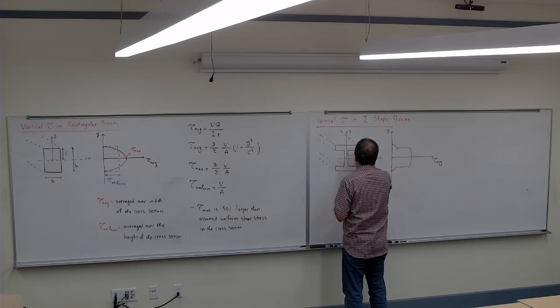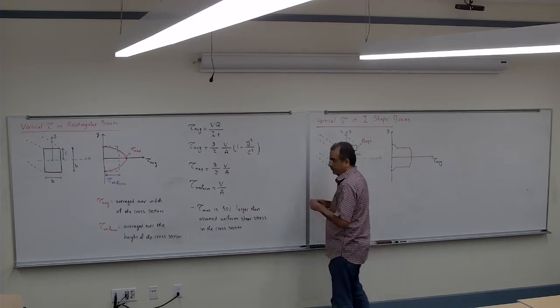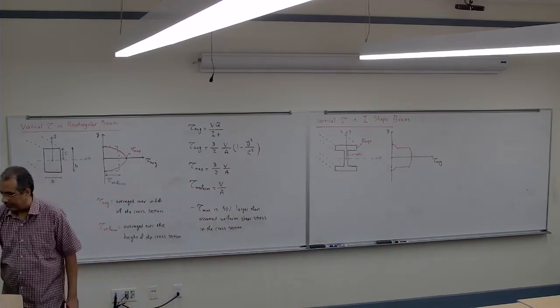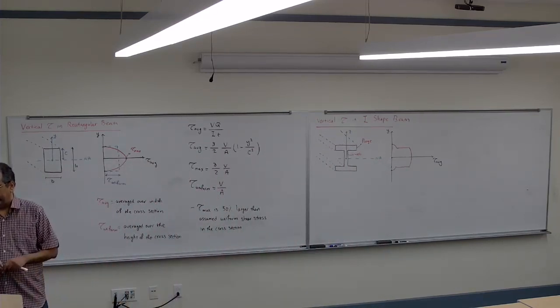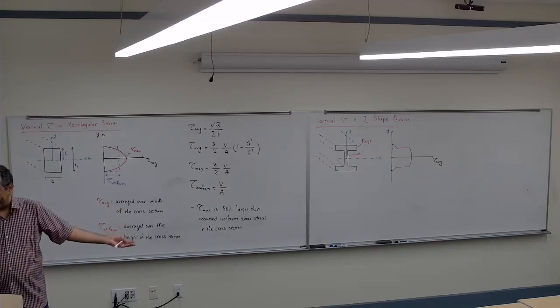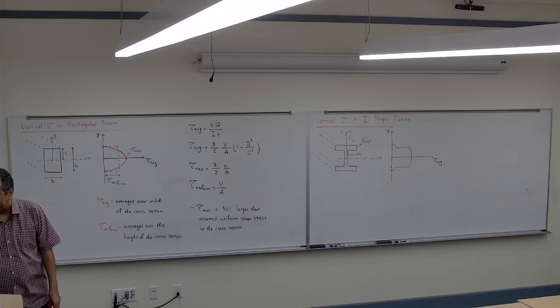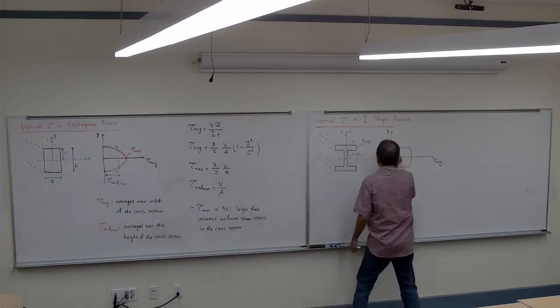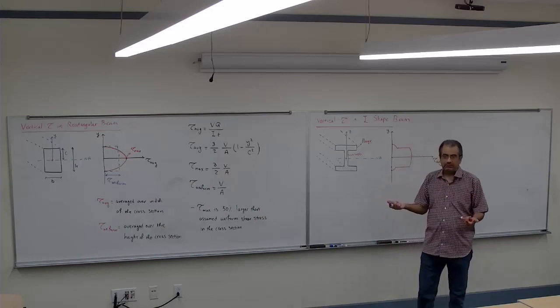This is the web. So the top and bottom we call the flange, and the middle part the web. If you see, the shear in the flanges is very little.